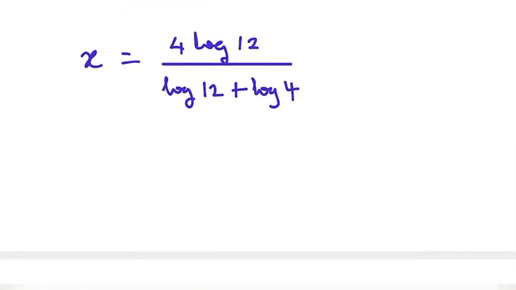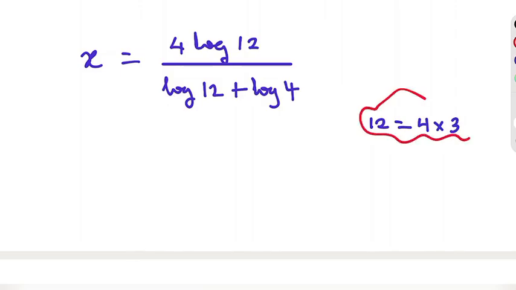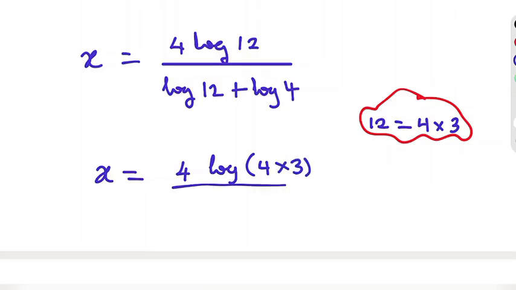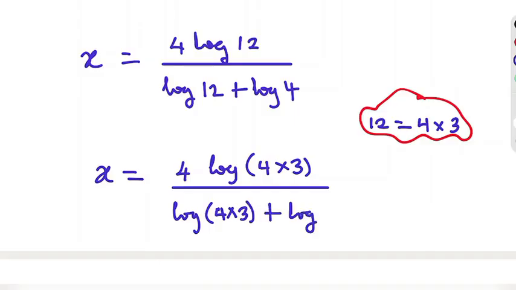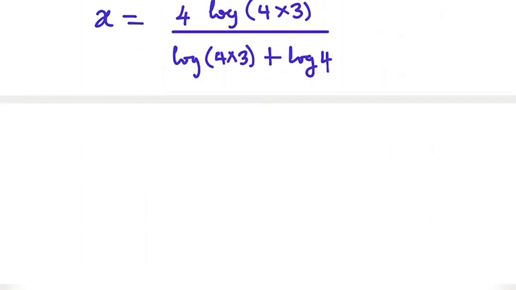Now moving further, we know that 12 is the same thing as 4 times 3 or 3 times 4. So when you have that, we are going to have x equals 4 log, now 12 can be 4 multiplied by 3, then divided by log 4 multiplied by 3, then plus log 4. Understood?